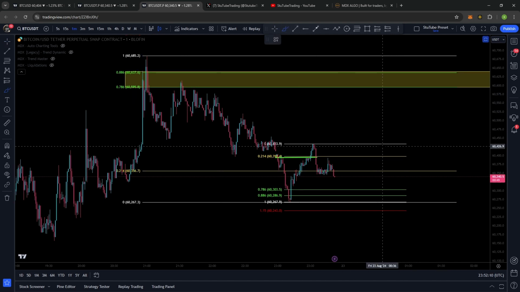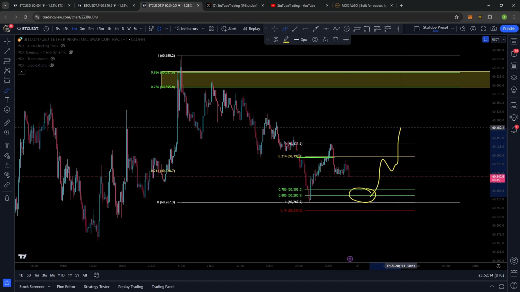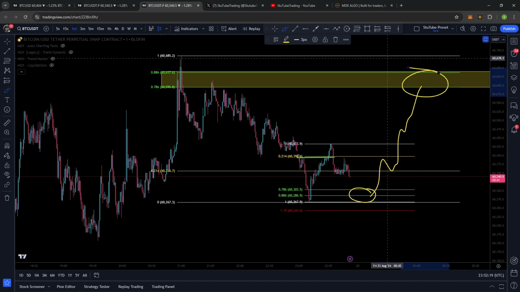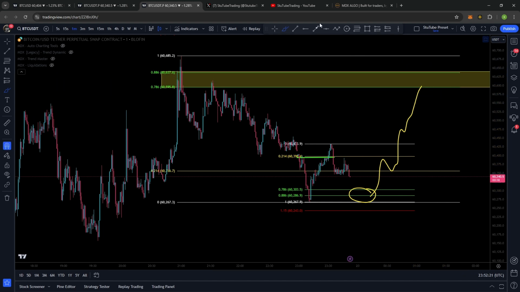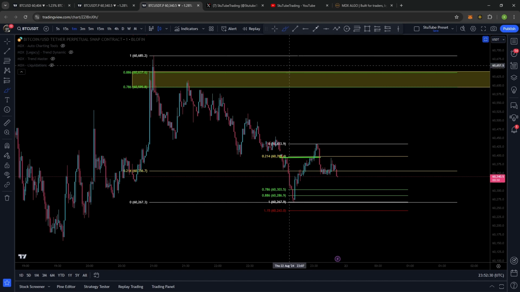So if we do end up in some sort of a long position and we do get a nice move to the upside, I will absolutely be taking most of it off the table if we get to those levels, just in case. Because again, playing the range, right?